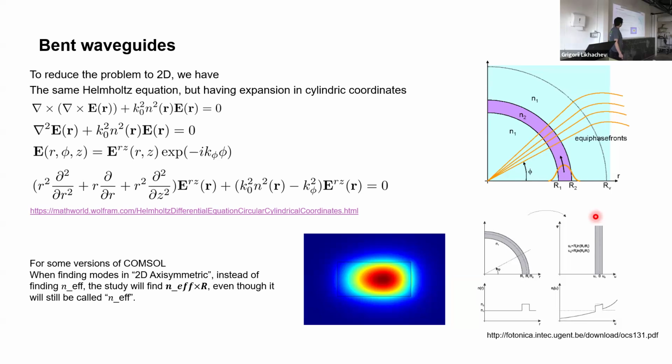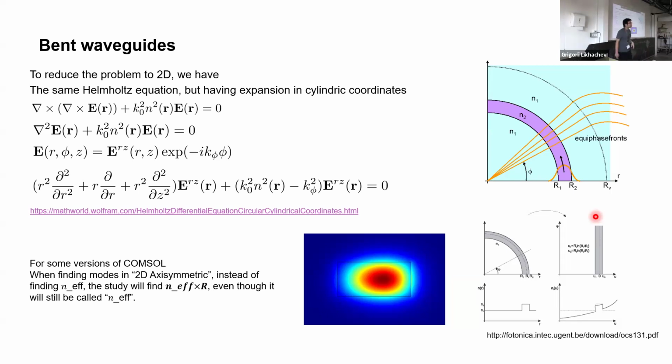Then you can still do the same separation of variables, but instead of separating for the propagation constant along the z direction, you consider the separation of variables in the theta direction. Then basically you can do the same, which also reduces the problem into 2D, but looking at the cross section radially.